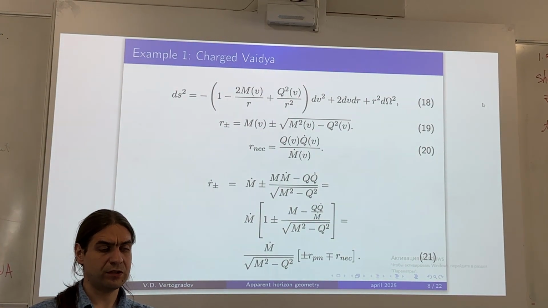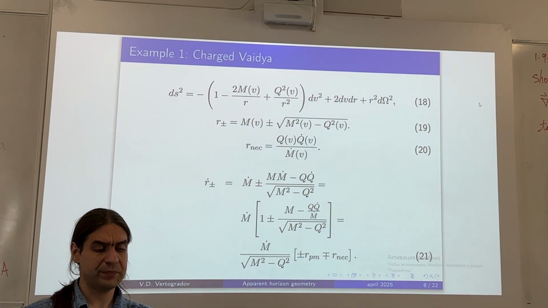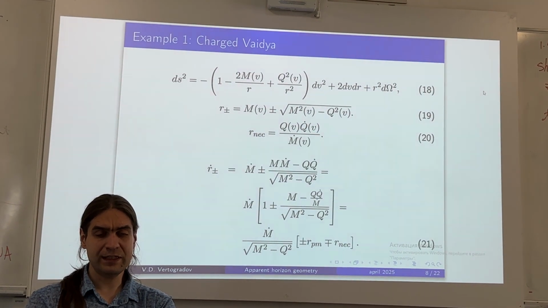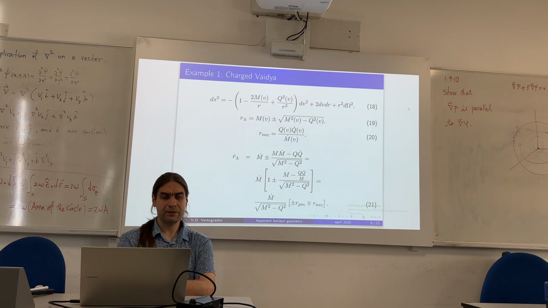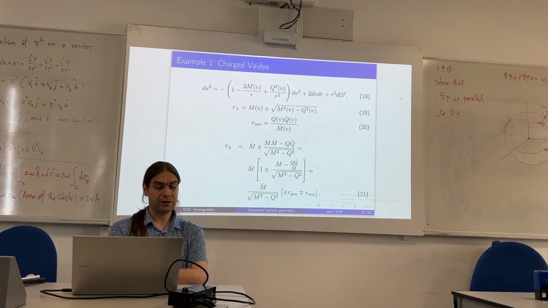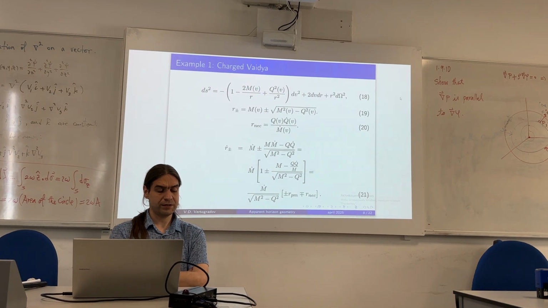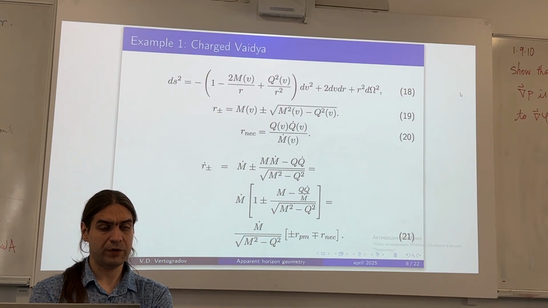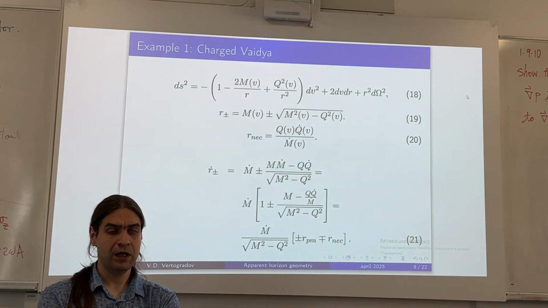We just consider charged Vaidya spacetime and show explicitly that the evolution of the apparent horizon depends on the null energy condition horizon. So just take the derivative of r plus minus with respect to time.